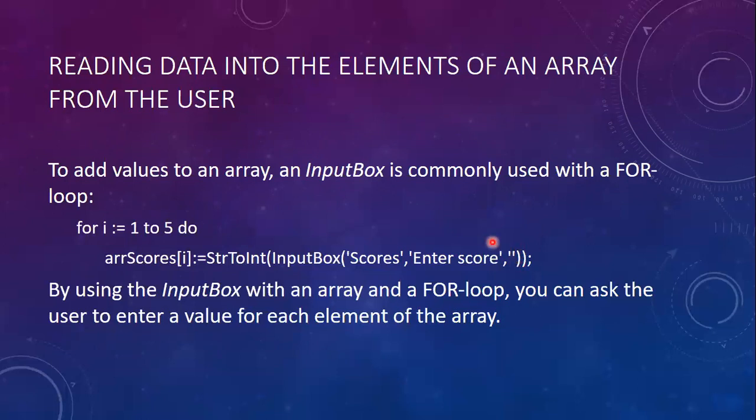So whatever number or value the user enters here, I want to write it into my array. Okay, remember, I need to convert string to int. By using the input box with an array and a for loop, you can ask the user to enter a value for each element of the array.